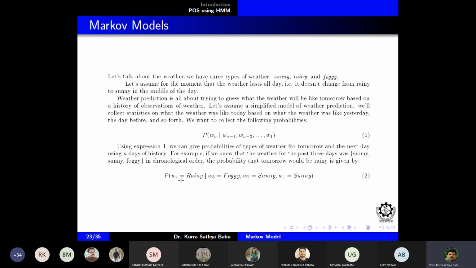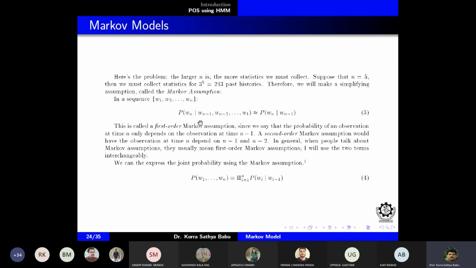Or in other words, we can give it like this: probability of W4 equal to rainy, given W3 equal to foggy, W2 equal to sunny, and W1 equal to sunny. So these W1, W2, W3, or W3, W2, W1, we can give in any sequence, that is not a problem, but you have to follow only one order, either ascending or descending. Please make sure of that.